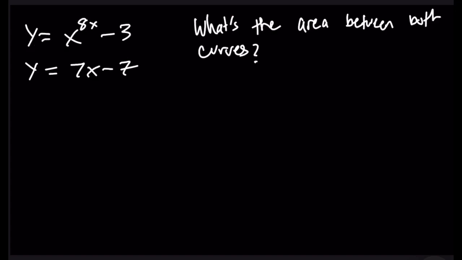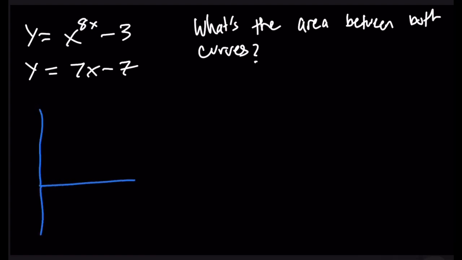Alright, finally we have another problem, which is going to be the area between curves. And our two functions are going to be y equals x to the 8x minus 3 and y equals 7x minus 7. So if you want to visualize this, let's say this is our graph.